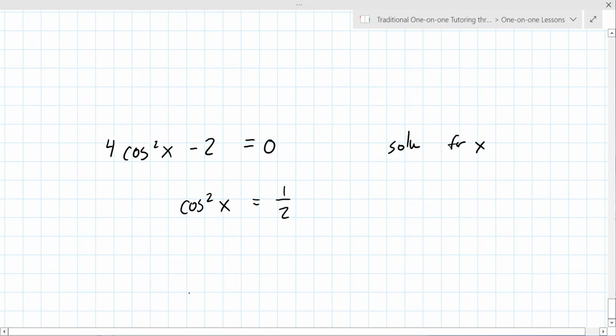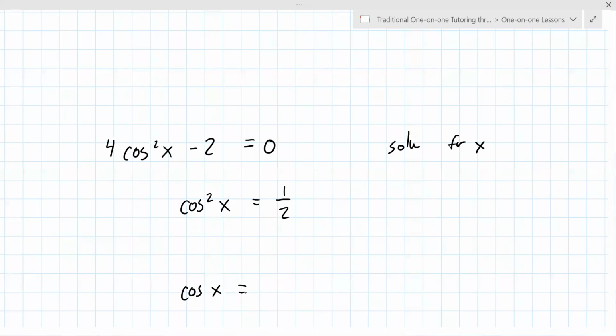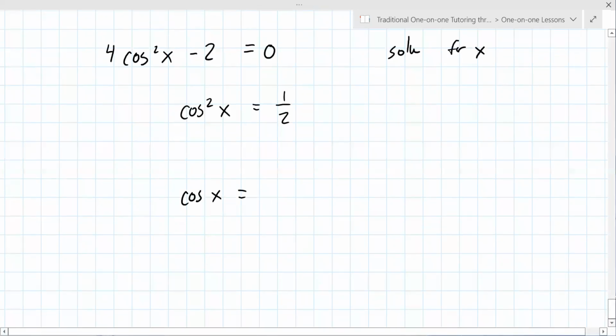Okay, so the next obstacle here is to get the right roots. Is one of them 2 pi over 3?